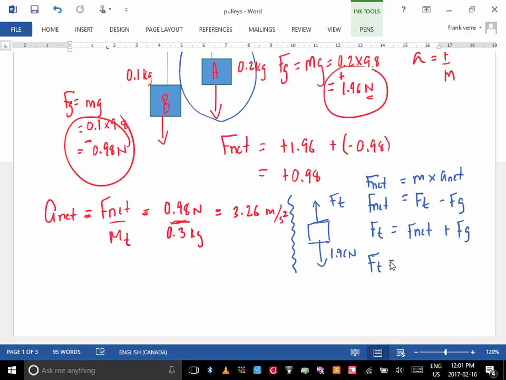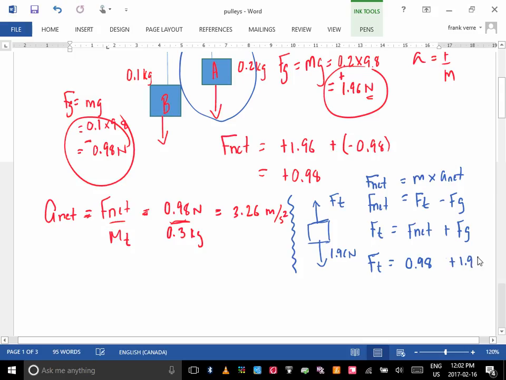What's our net force? It was 0.98, right? Now, 0.98 plus our weight. What's the weight? What was it? 1.96?